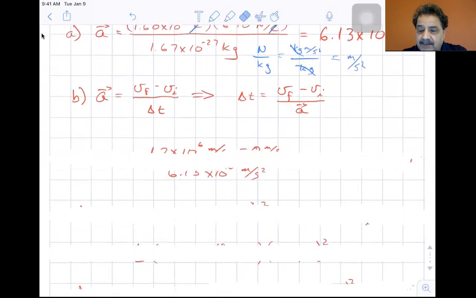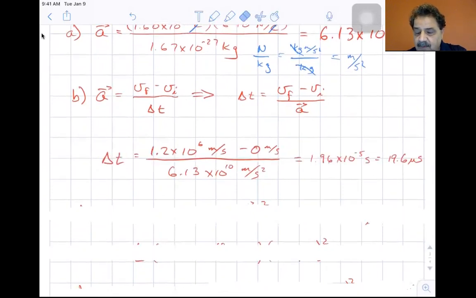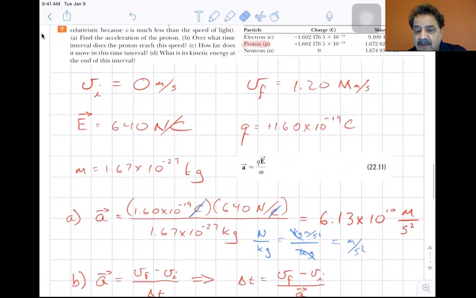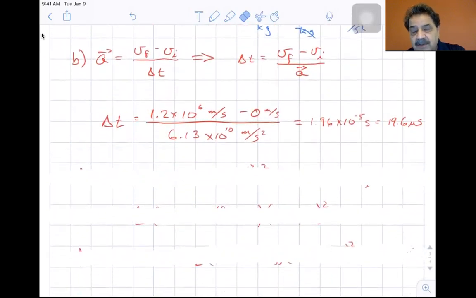If we make that substitution, we have delta T is equal to 1.2 times 10 to the 6 meters per second, that's our V final minus V initial, which is 0 meters per second, divided by the acceleration, 6.13 times 10 to the 10th meters per second squared, which we just calculated.